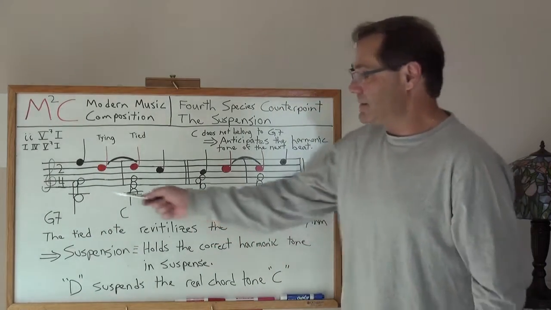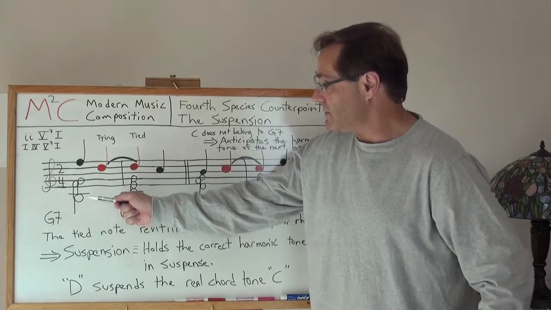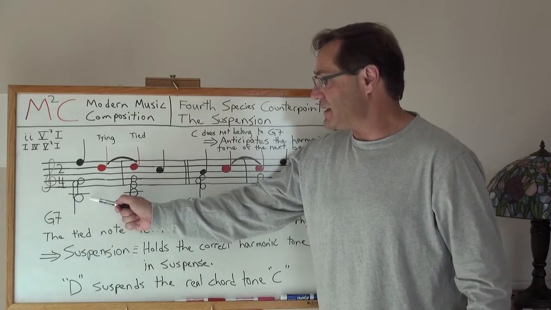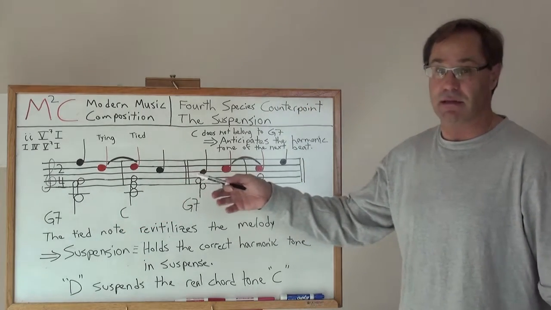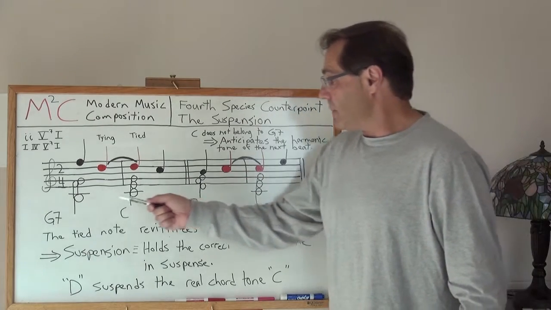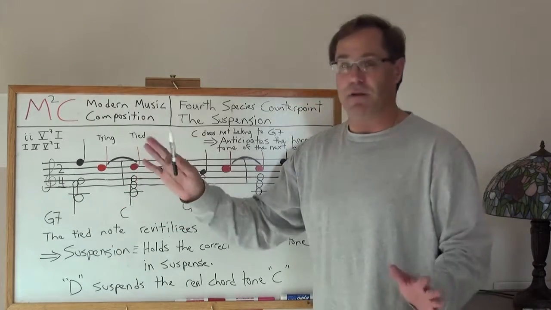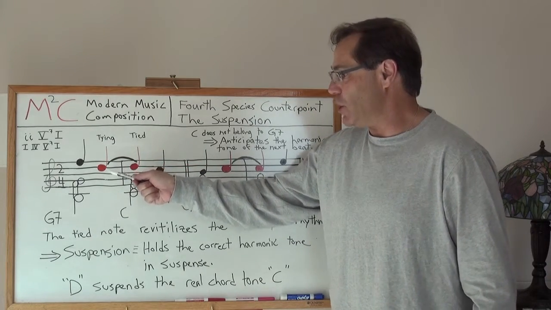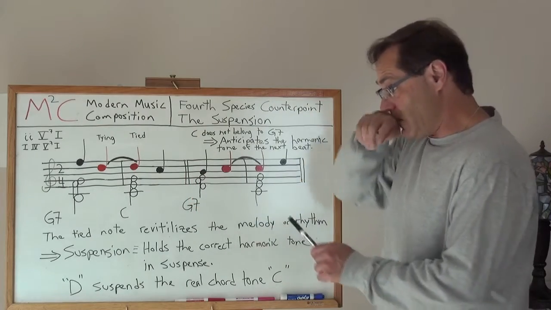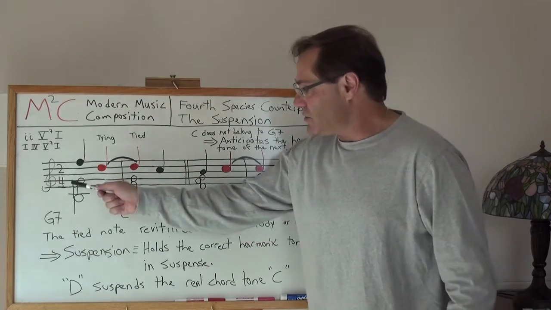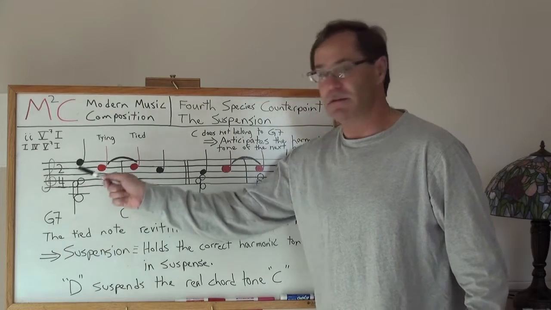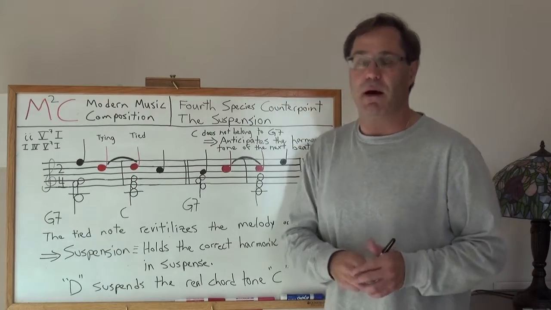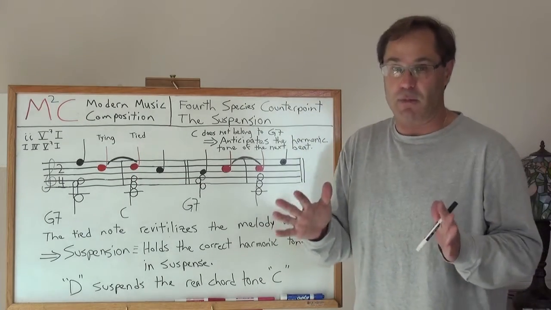So just to go over this real quickly, we've got our chord here, and in this case we have a G7. We have a dominant chord, and now I've written our suspended note in red. What you can think of this as is your miniature cantus firmus, and here is what you're going to be writing the counterpoint for.